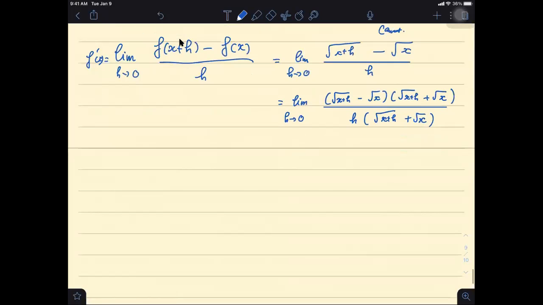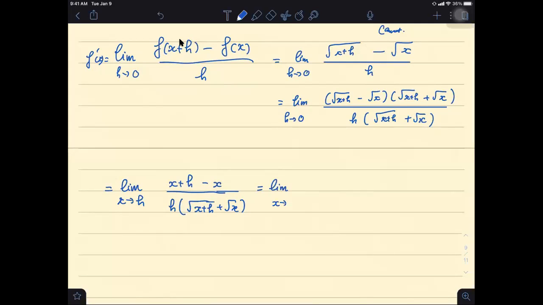Then you get the limit as h goes to 0 of x plus h minus x over h times square root of x plus h plus square root of x.